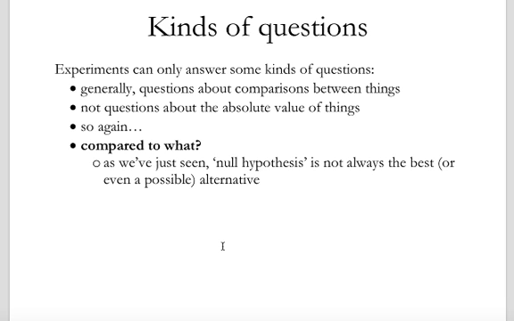So again, we're always going to have to ask this question, compared to what? And as we've just seen, the null hypothesis, straightforwardly construed, is not always the best or even a possible alternative. And what this means is that we might need to alter our research designs in ways that examine alternative hypotheses more carefully. And in particular, this relates back to the idea of experimental control that we talked about earlier.